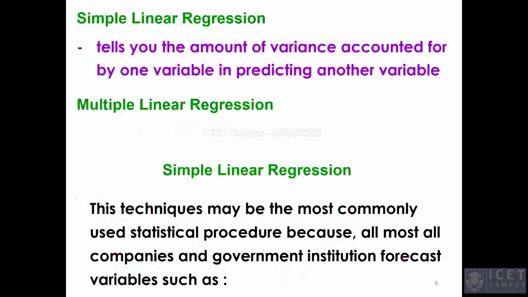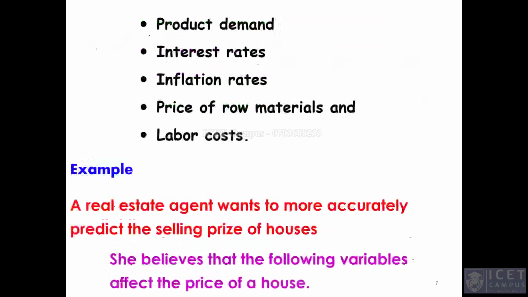Actually, this technique may be the most commonly used statistical procedure because almost all companies and government institutions forecast variables such as product demand, interest rates, inflation rates, price of raw material and labor cost. So this is an example. A real estate agent wants to more accurately predict the selling price of houses.